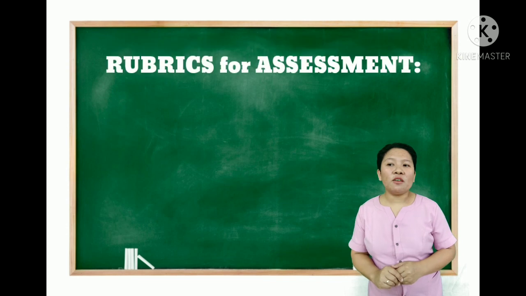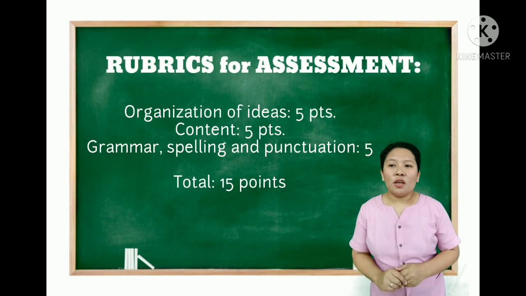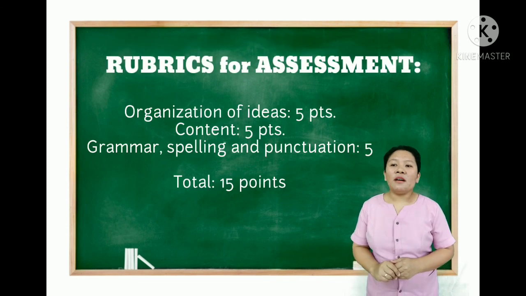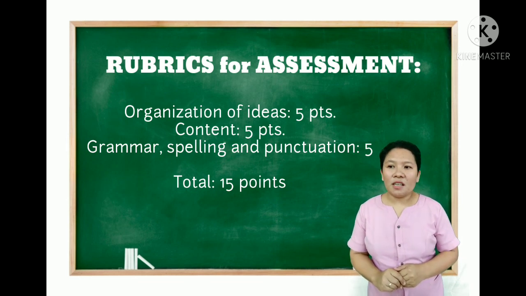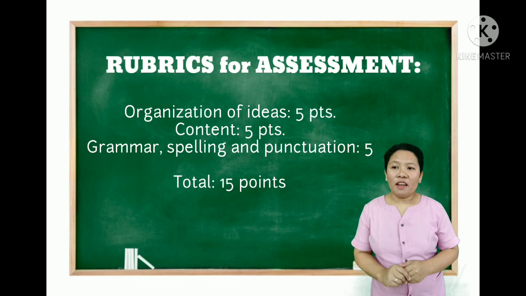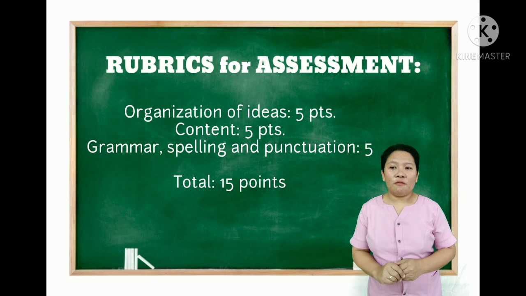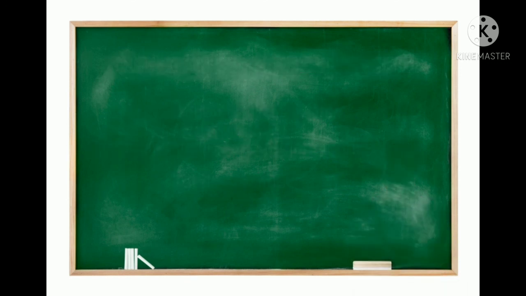For the rubrics of your assessment, you have organization of ideas, equivalent to 5 points, content, 5 points, grammar, spelling, and punctuation, 5 points, a total of 15 points.